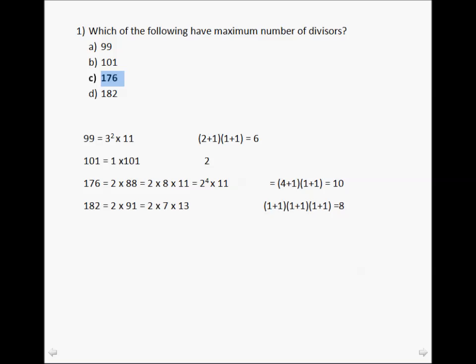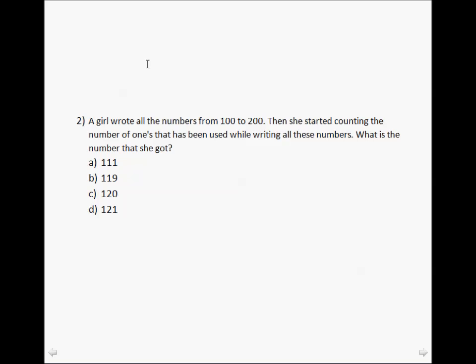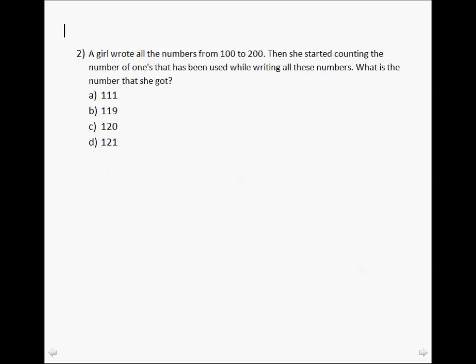Let's go to question number 2. The question number 2 says a girl wrote all the numbers from 100 to 200, then started counting the number of ones that are used while writing these numbers. What is the number she got? So again this is an observation based question.